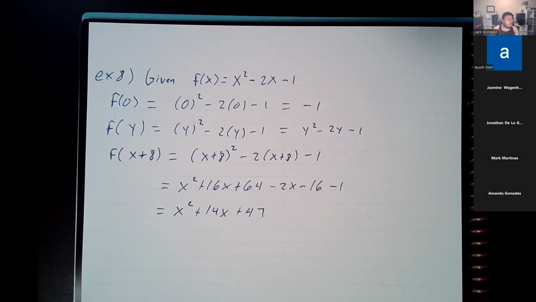All right. We're going to move on to ideas about domain and range.